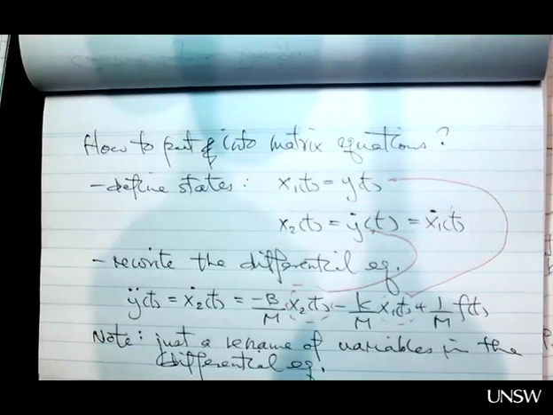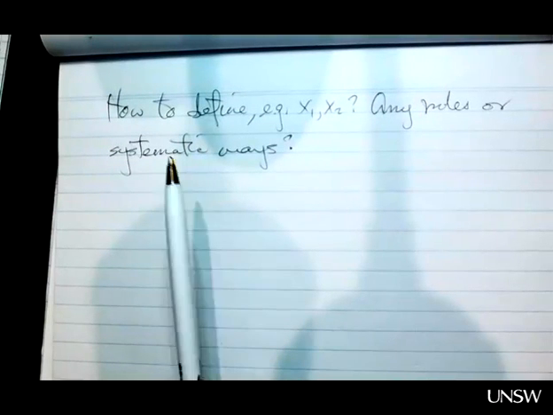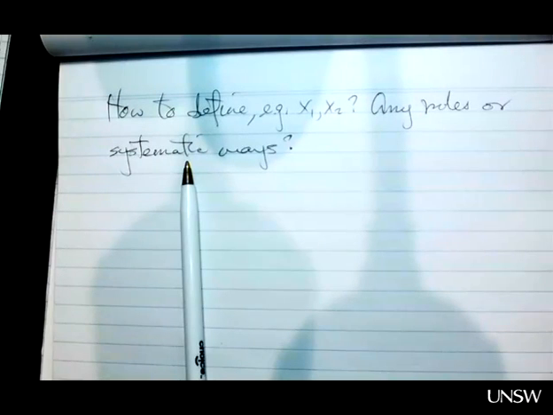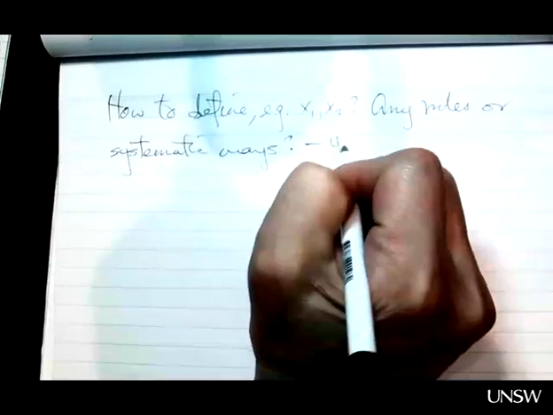But the answer to the question is that, in fact, there are systematic ways that we can do it. And there are also other forms of the matrix equation. So the answer is yes.